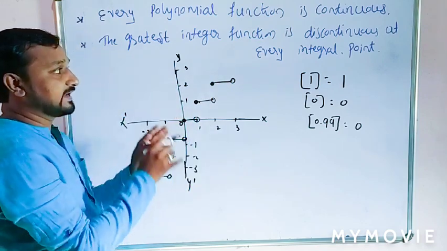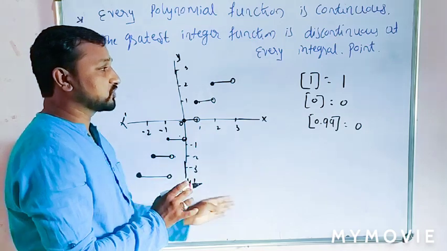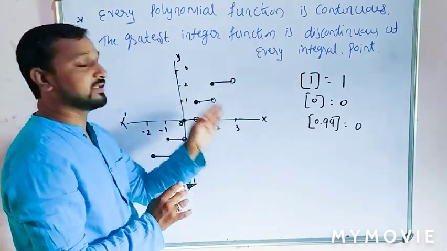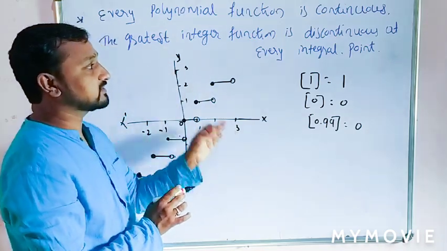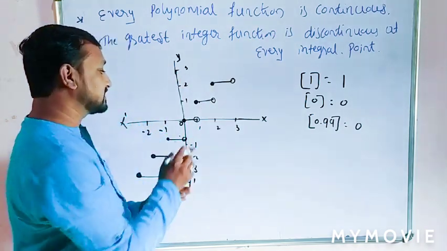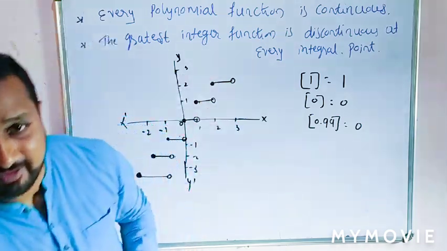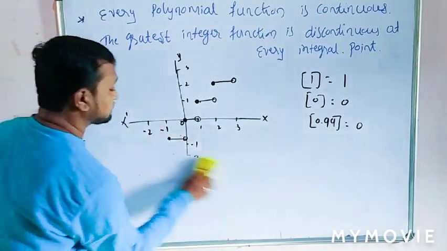In this graph our pen is lifting. That's why this function is not continuous. That is nothing but discontinuous at every integral point. Every integral point is nothing but these points. So the function is discontinuous. Is that clear, students? Note that.